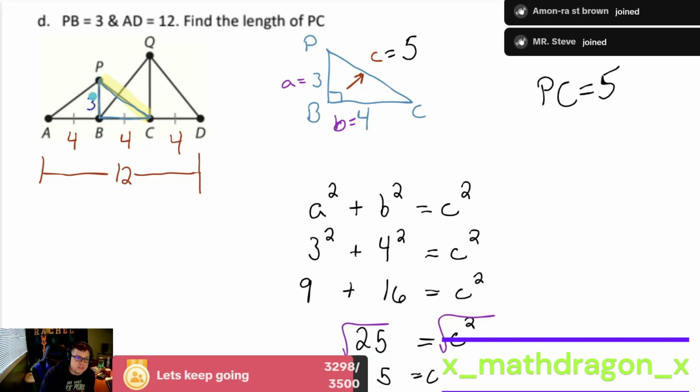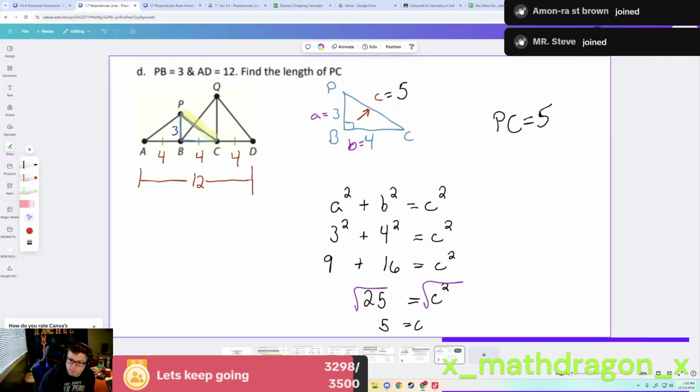And then I know this is 3, so now I'm going to pull this triangle out. Then I'm going to do a squared plus b squared equals c squared. Once I set it up and solve, I get that c equals 5. Okay, so let's stop that.